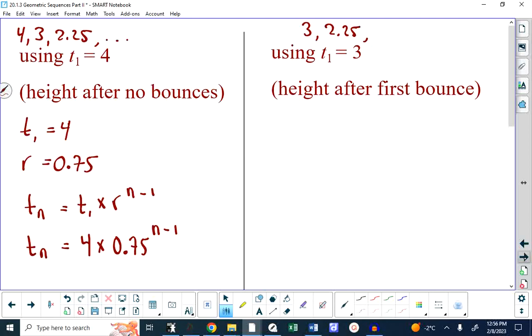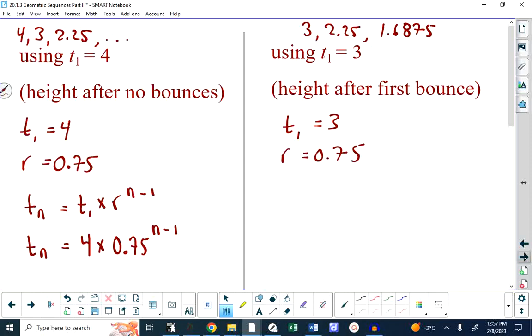Can somebody work out what 2.25 times 3/4 is for me? I'm wrong, I know that. It's 1.6875. This is still geometric, but the first term is 3. The common ratio is 0.75.